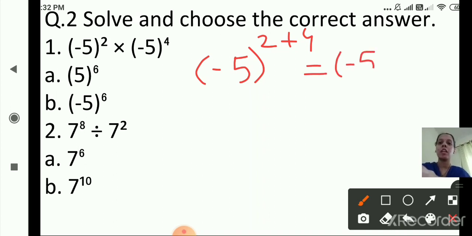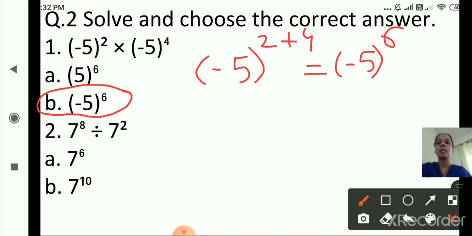Minus 5 we write as it is. 2 plus 4 is 6, right? Now as you can see, the options are given. The first option is 5 raised to 6 and the second option is minus 5 raised to 6. So don't select option A. Why? Because in option A the minus sign is not given. So we will select the second option, that is option B, minus 5 raised to 6.